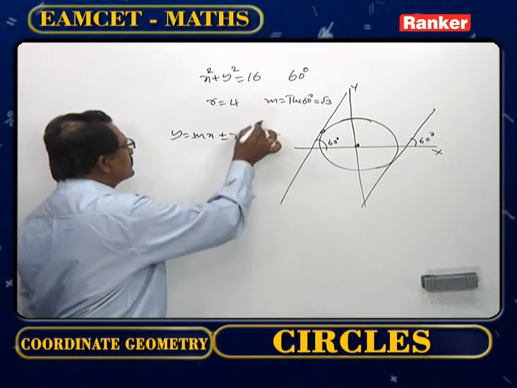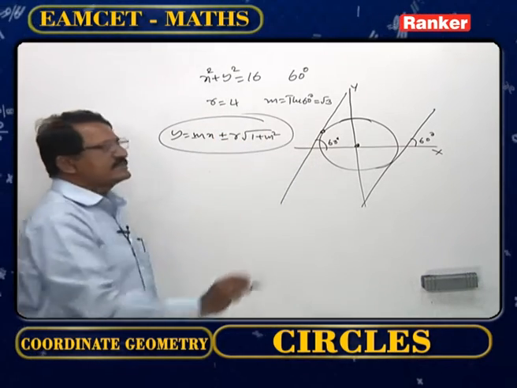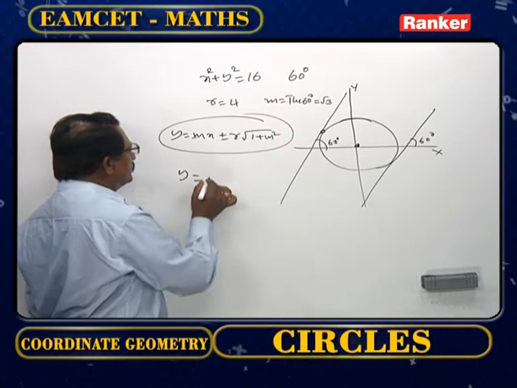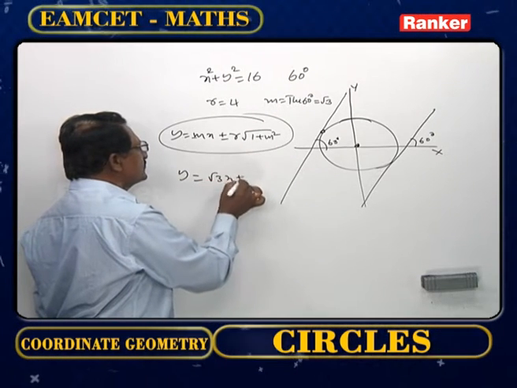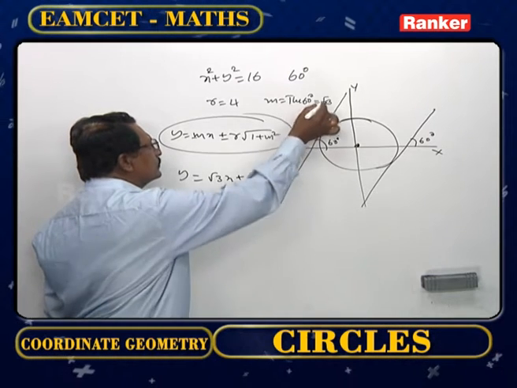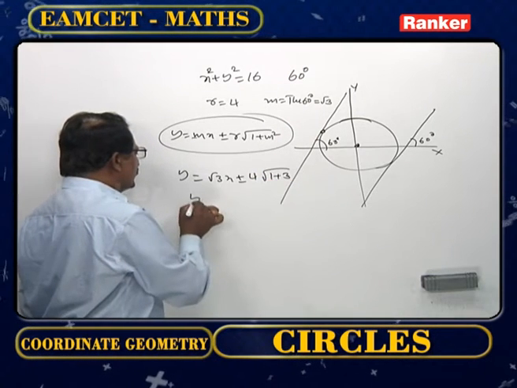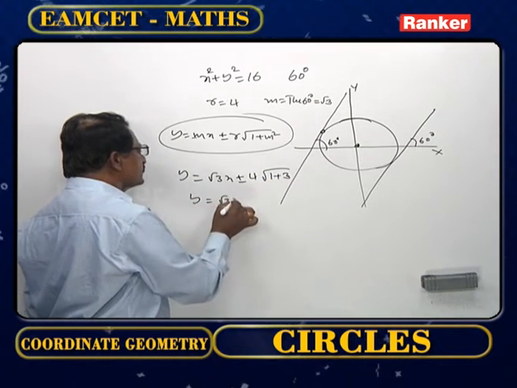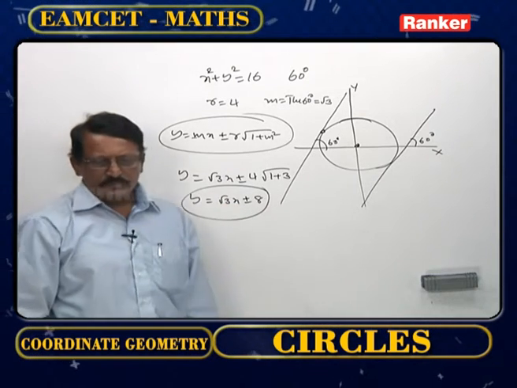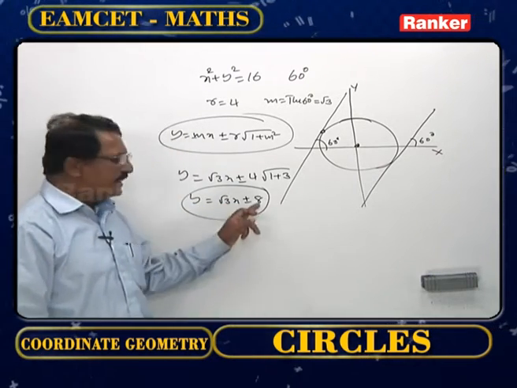So y equals root 3 into x plus or minus the radius 4 into square root of 1 plus root 3 whole square, that is 3, or y equals root 3x plus or minus 8 are the required tangents.